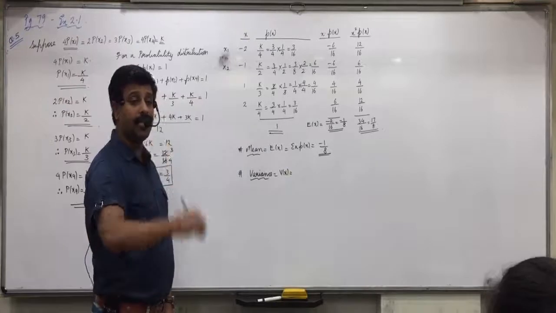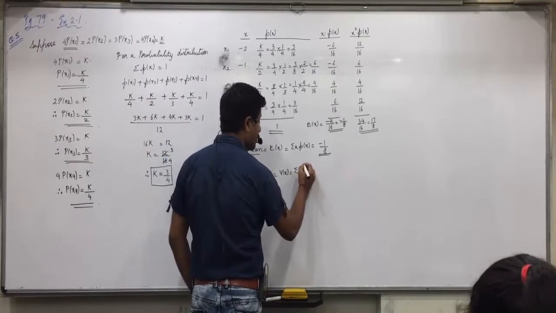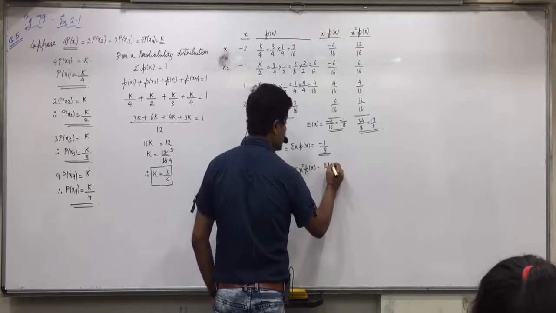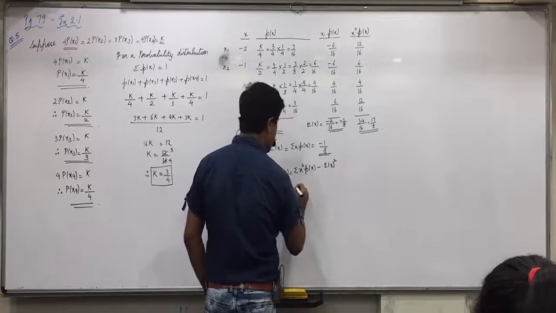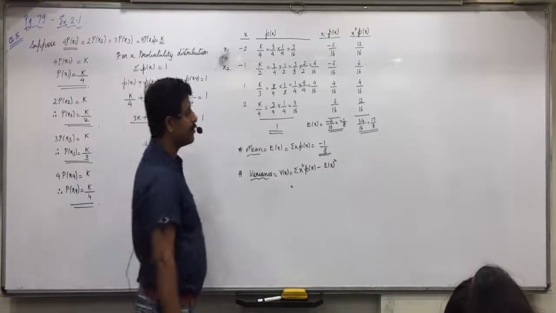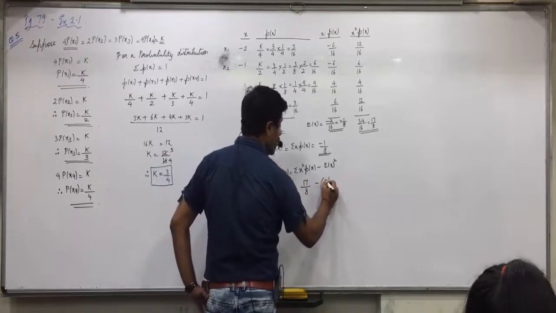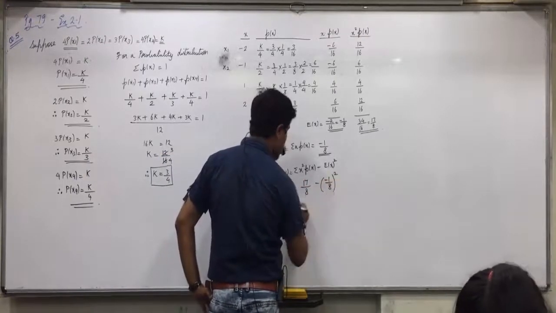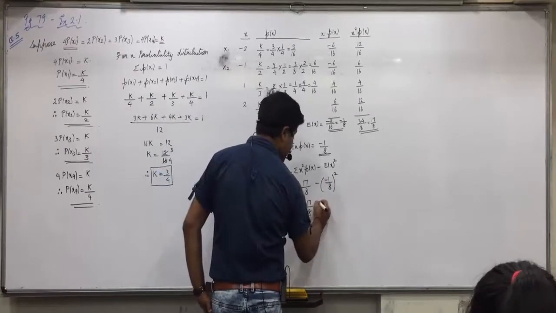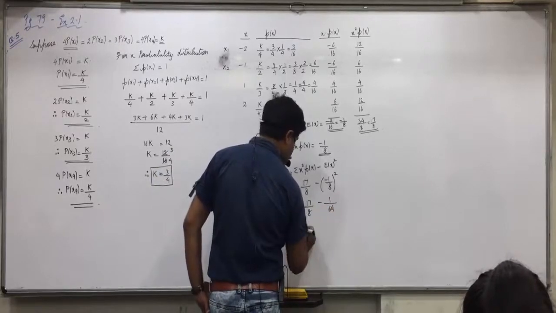Now variance. Vx is equal to sigma x square px minus Ex whole square. Sigma x square px is 17 by 8, minus minus 1 by 8 whole square, Ex square. 17 by 8 minus 1 by 64.